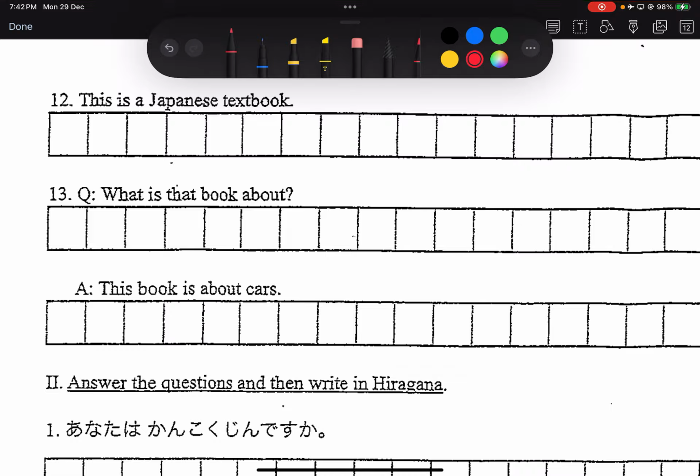How to say Japanese in Japan? Japanese. 日本, then language is 語, Nihongo. Okay, これは日本語.